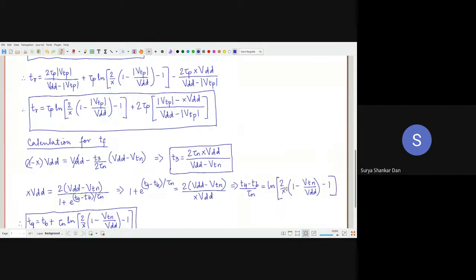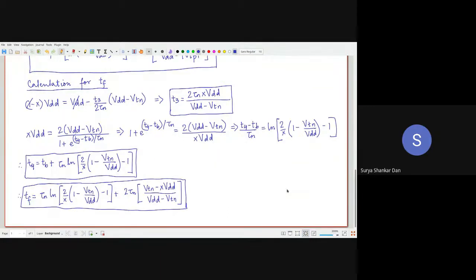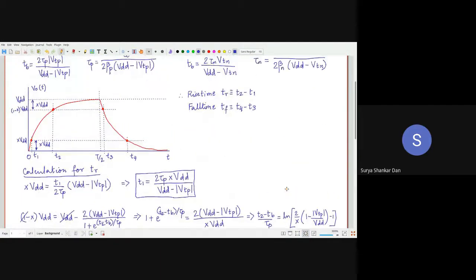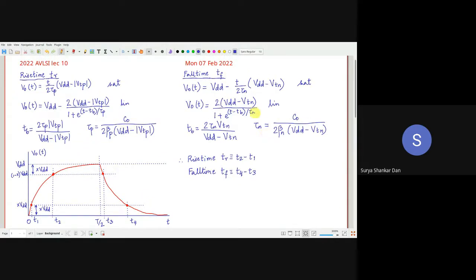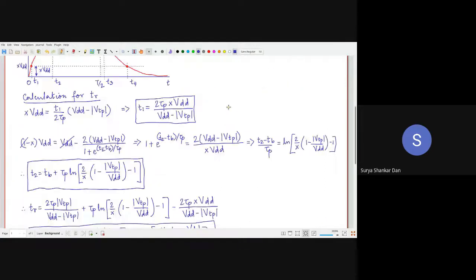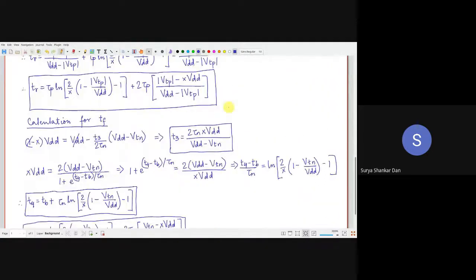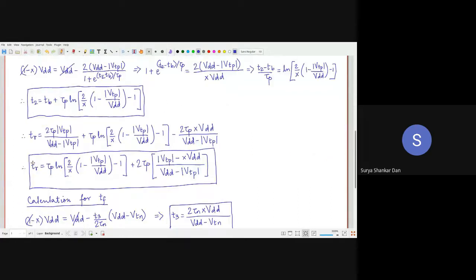Then we come to the next part, the instance where the output reaches X VDD. So this is again becoming the linear region, so we will use the linear equation, this one. What we should do is put X VDD instead of this VO.